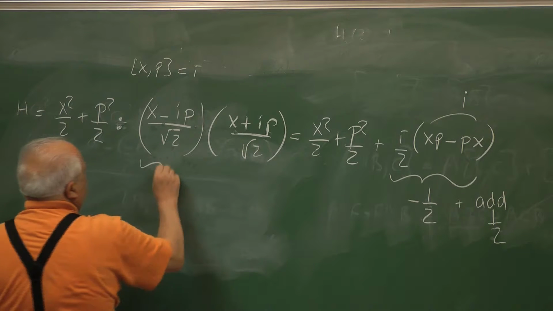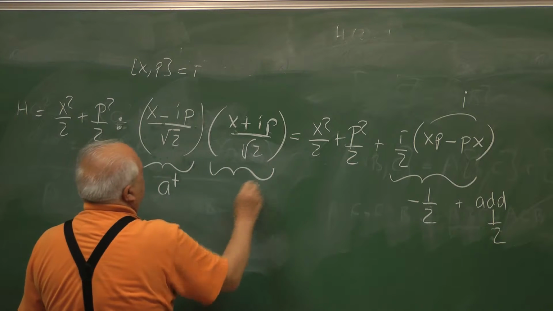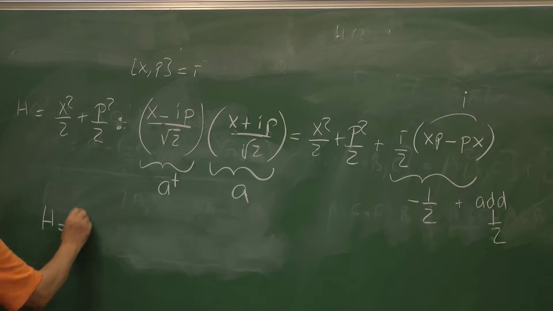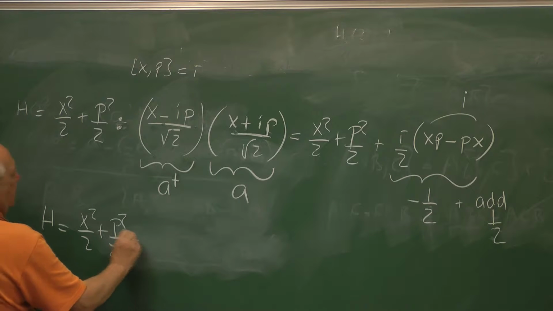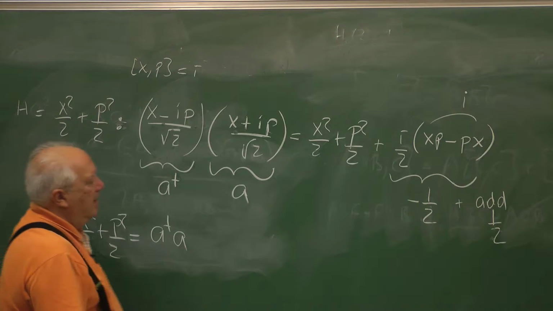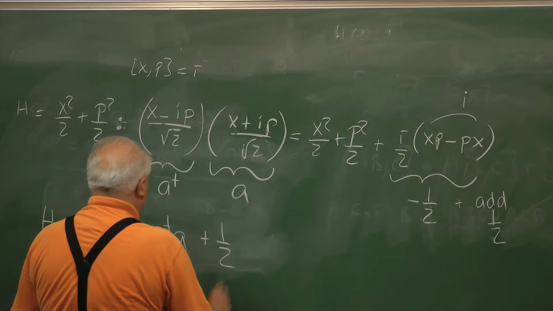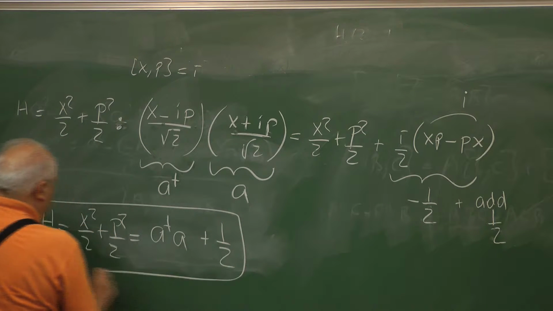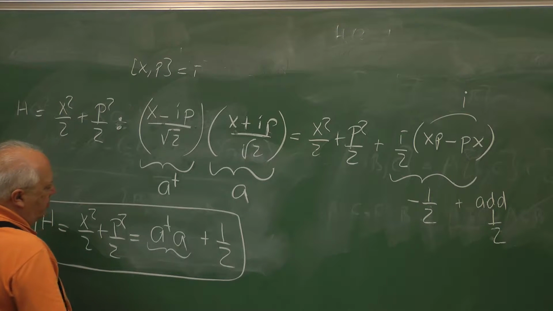So we shall call this operator A dagger. We shall call this operator A. So the Hamiltonian, which is x squared over 2 plus p squared over 2, is equal to A dagger A plus 1/2. Now, this operator, first of all, is Hermitian.